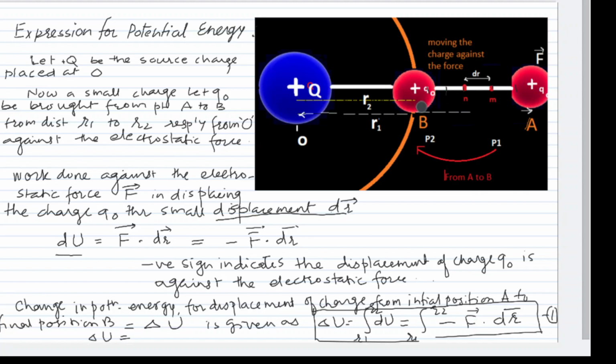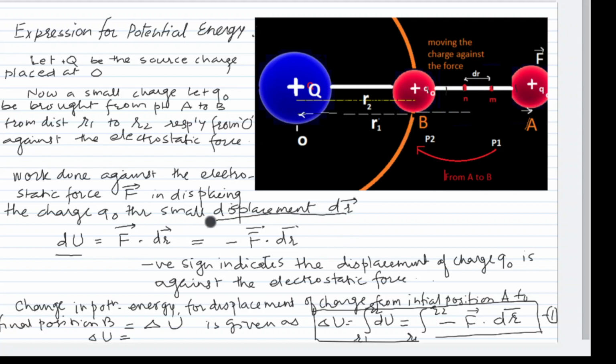That time work is done, and that work done is stored in the form of potential energy. So here the potential energy is different, and here again the potential energy will increase or change. So whatever change in potential is there, that we are showing by the equation, that is dU is equal to F into dr. dr is the small distance covered while shifting.